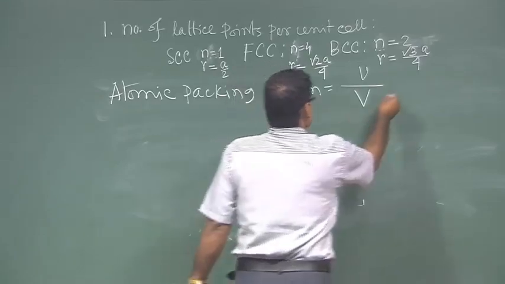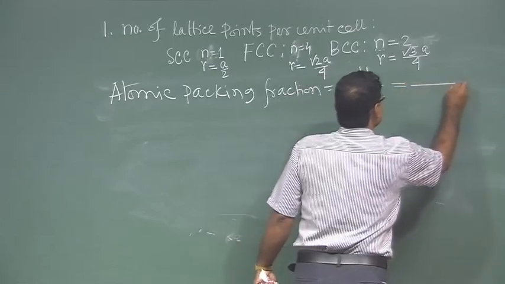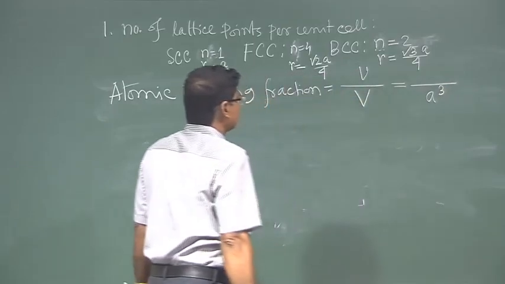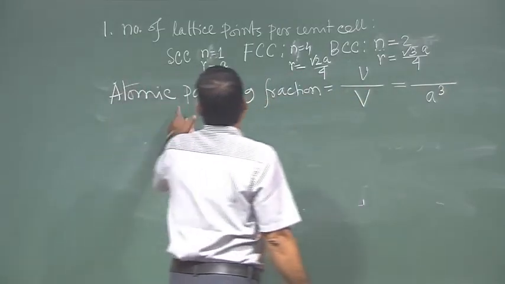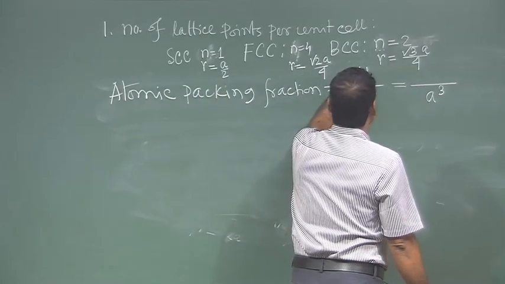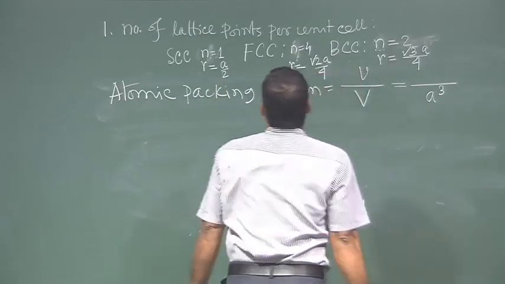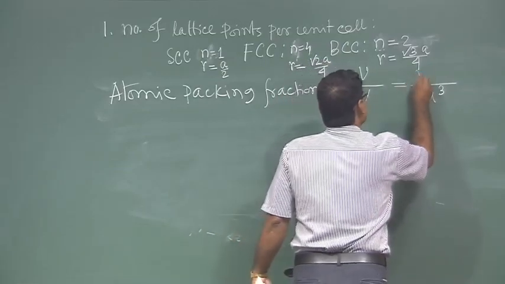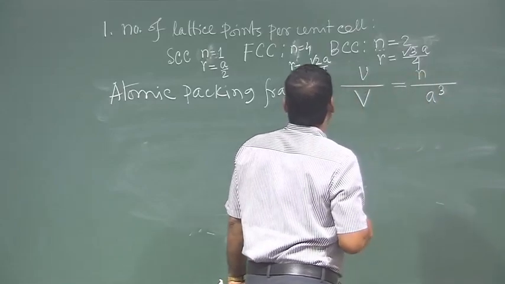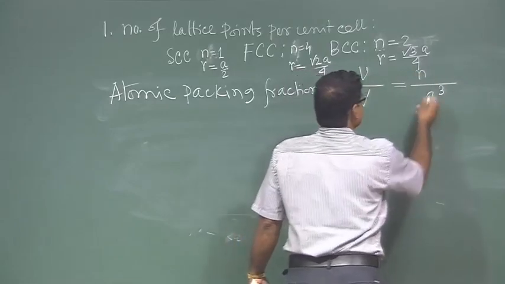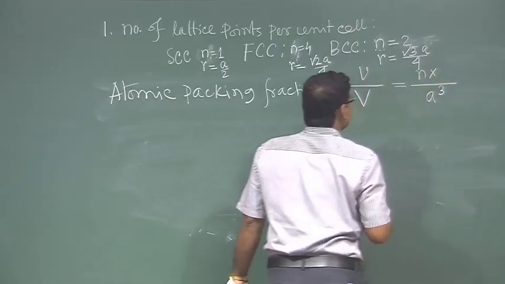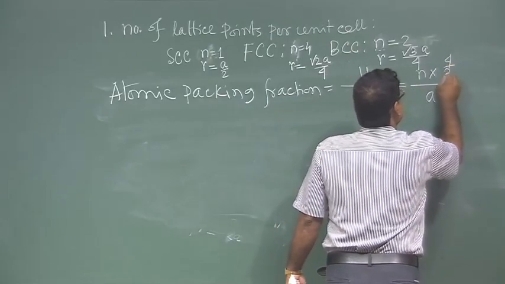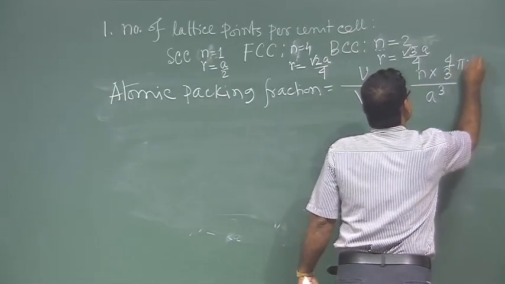So, now for a cubic crystal we have seen that the volume of the unit cell is a cube. The volume of the atoms in that cell will be the number of atoms per unit cell, or number of lattice points per unit cell, times the volume of each atom. If its radius is r, it is 4 by 3 pi r cube, right.